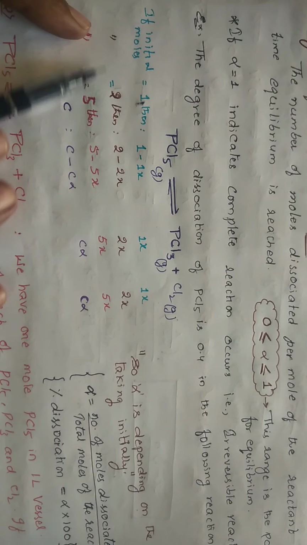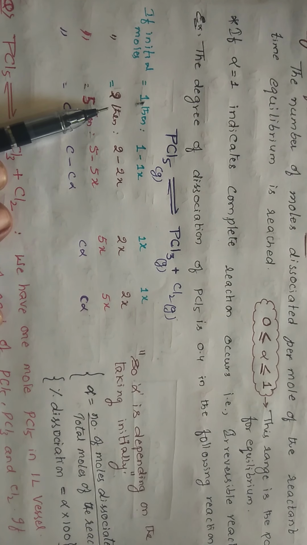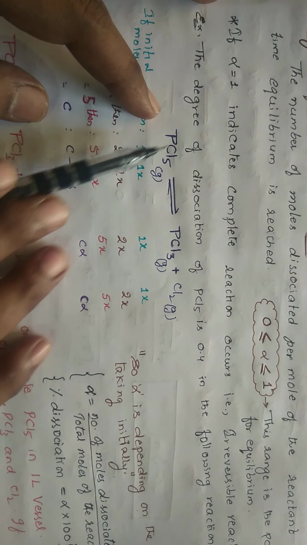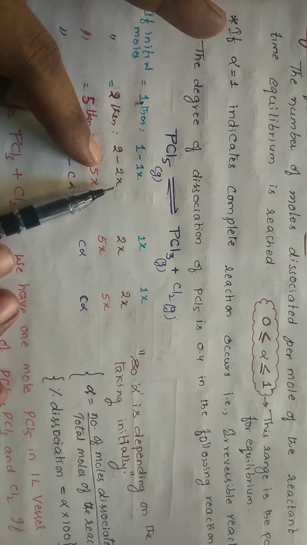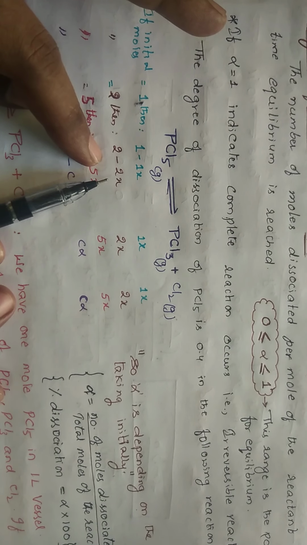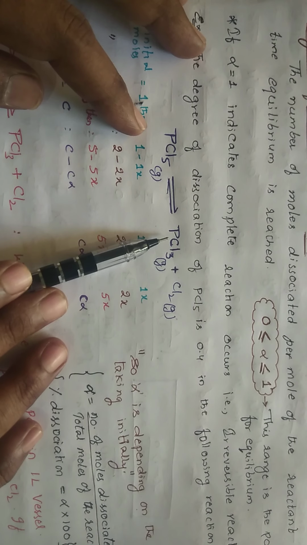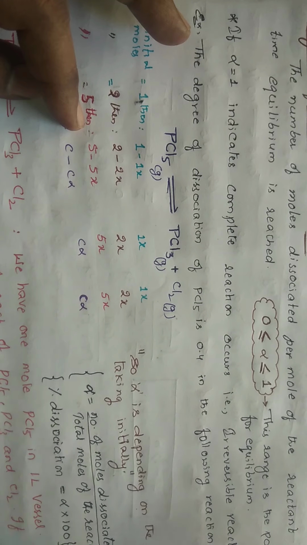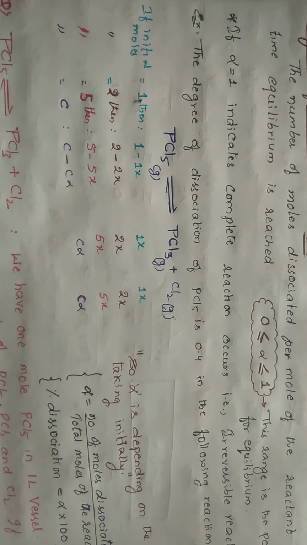If I assume 2 moles, from each mole x is going, so from 2 moles 2x will be going, and 2x will be formed here and 2x will be formed there too.